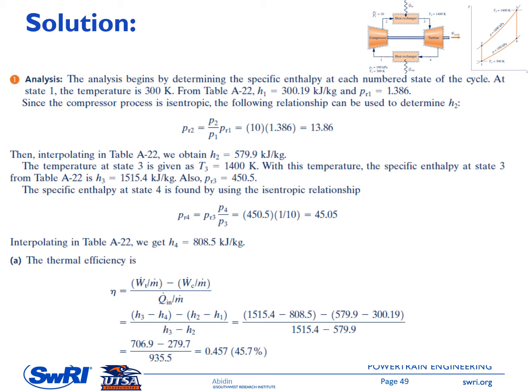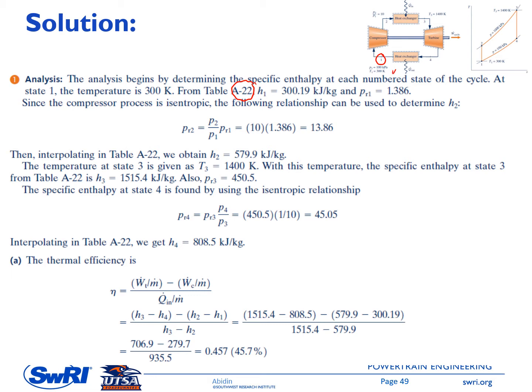The schematic and TS diagram are shown on the top right side here. We start solving this problem by specifying the properties at each operating point. At point number 1, pressure and temperature are given. It is in SI units, so you will use table A22 to find the enthalpy and PR1 at a temperature of 300 Kelvin.